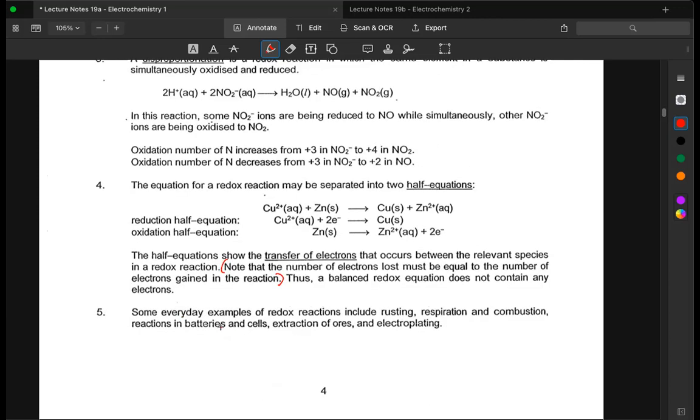And electrolysis and electrochemistry has many applications, including rusting. Rusting is an example of an electrochemical process. Even processes that you are familiar with, like respiration, combustion, batteries, extraction of ores, electroplating, or even things like making alkaline water in the water purification ionization system.